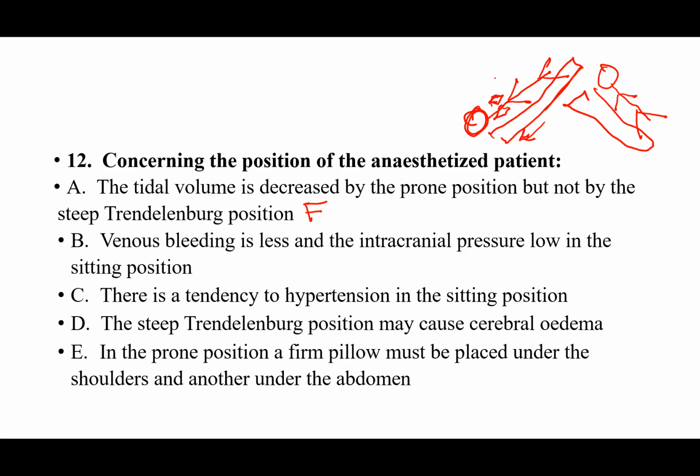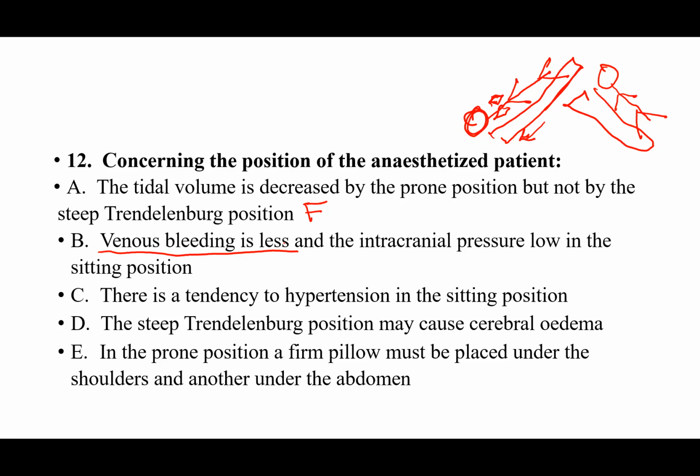Now, venous bleeding is less and intracranial pressure low in the sitting position. True or false? It's true. Neurosurgeons sometimes do their operation in a sitting position, maybe in posterior cranial fossa tumors, where the bleeding will be less, because if the patient is seated, there is drainage downward from the operating site.